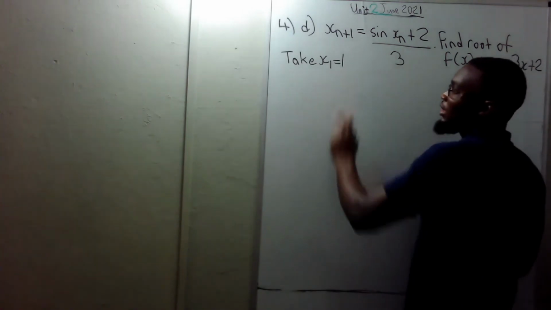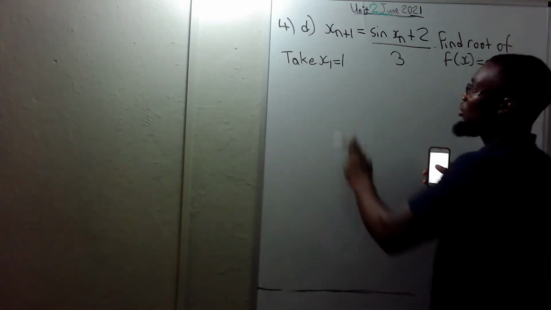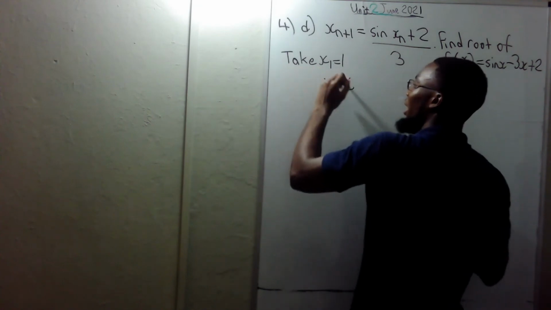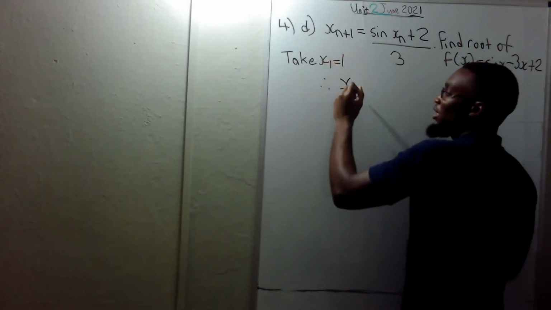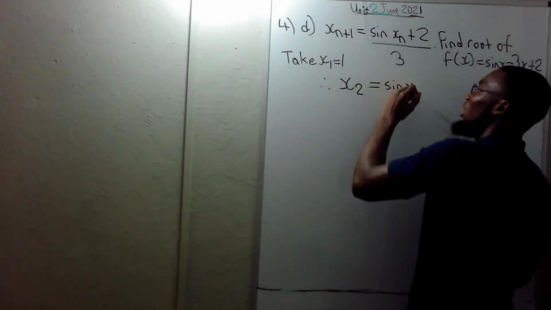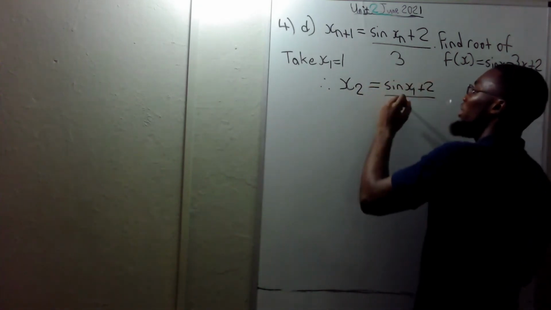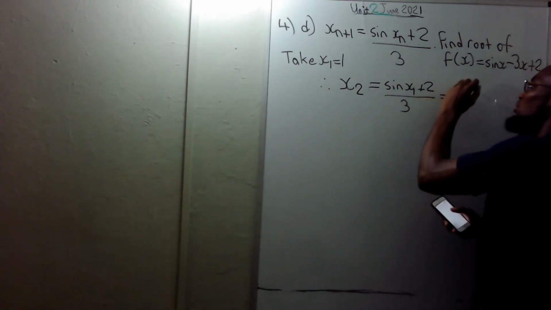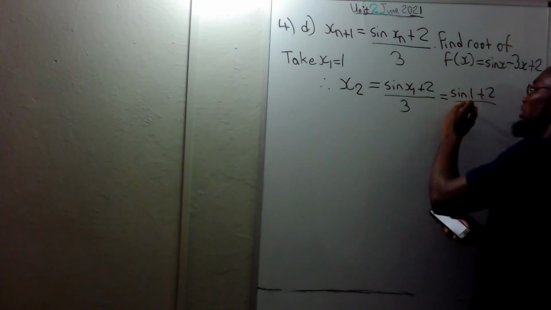Now, taking x1 equal to 1, what we're going to do is put in 1. So x2 is the sine of x1 plus 2 over 3. But x1 is 1. So this is just the sine of 1 plus 2 over 3.